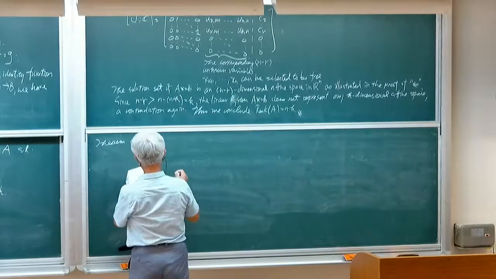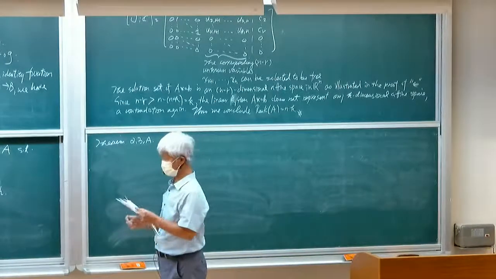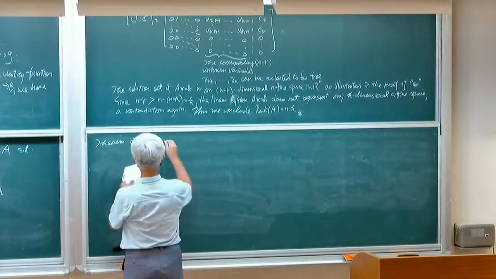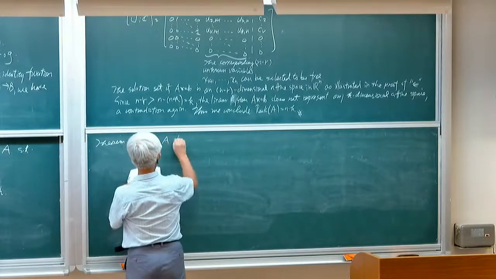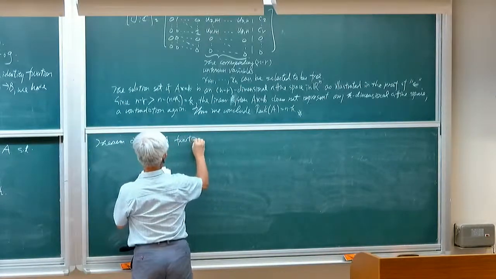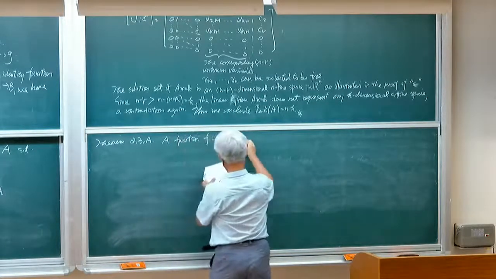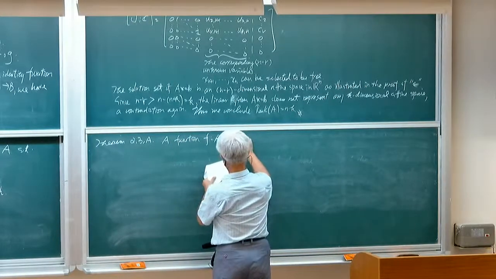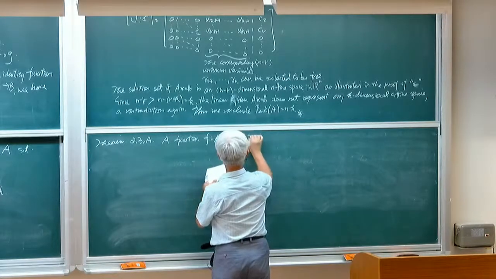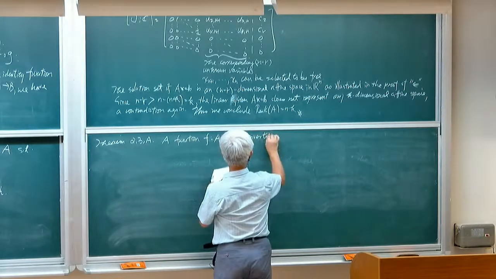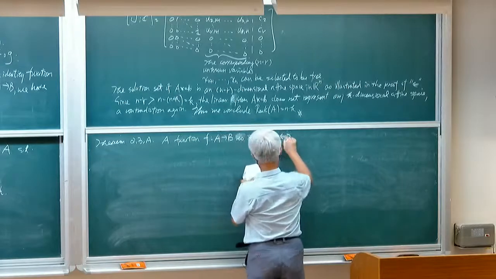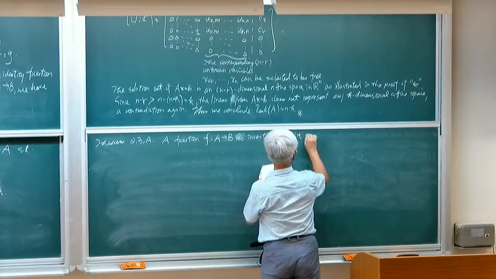Now we will give a necessary and sufficient condition for a function to be invertible. A function f from A to B is invertible if and only if it is bijective.